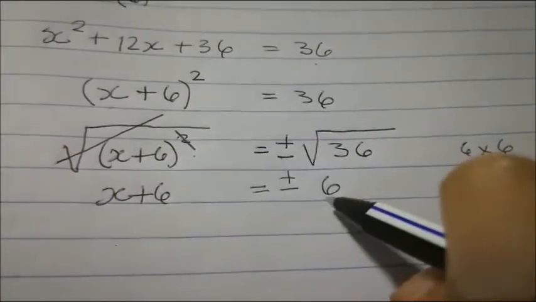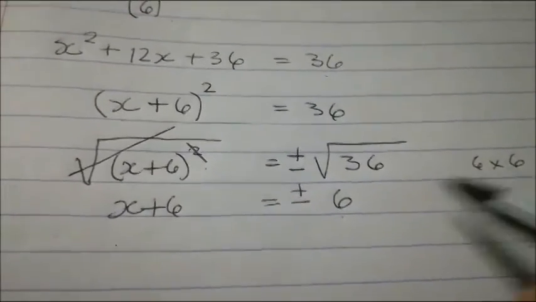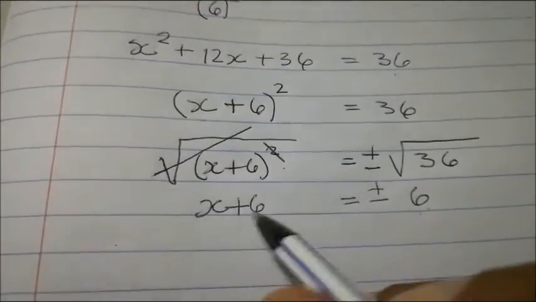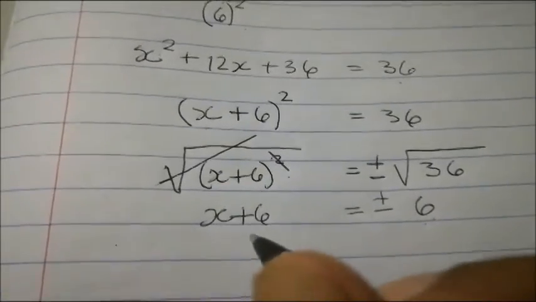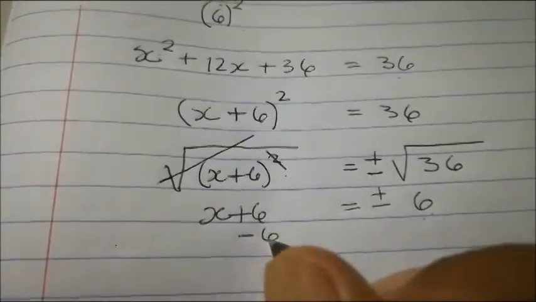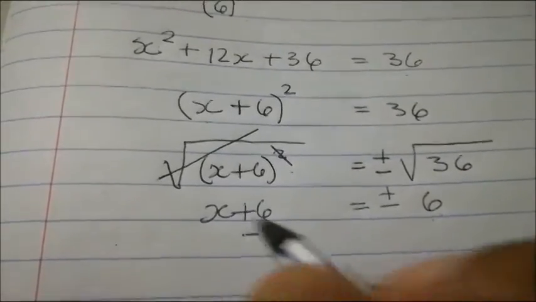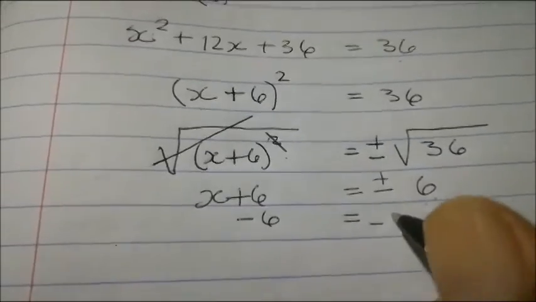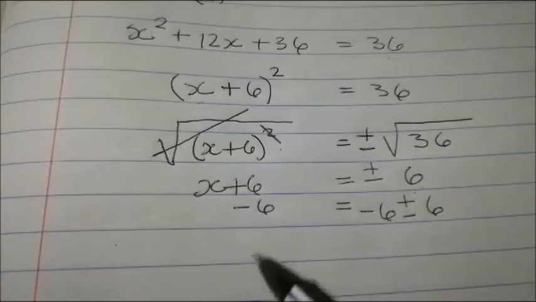One of those two equal factors becomes the square root. So now we have x plus 6 is equal to plus or minus 6. We subtract 6 from both sides in order to get rid of this 6 and to allow the x to stand by itself. So this is going to be equal to minus 6 plus or minus 6.